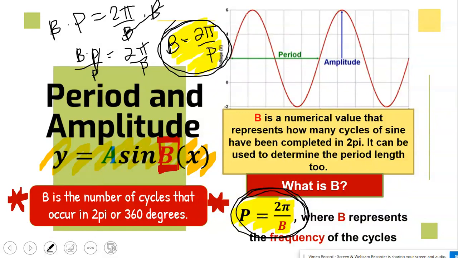So we can use either of these to help us find the number of cycles that occur in 2 pi. And for this, we're really going to need to pay close attention to the x-axis. So P equals 2 pi over B, or B equals 2 pi over P. 2 pi is always on top, and B and P are across from each other. They're interchangeable almost.